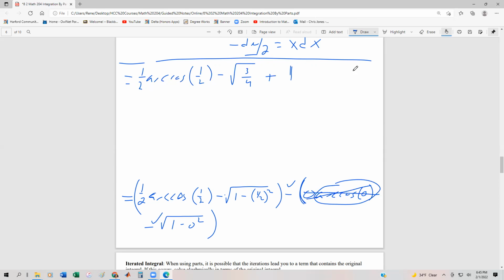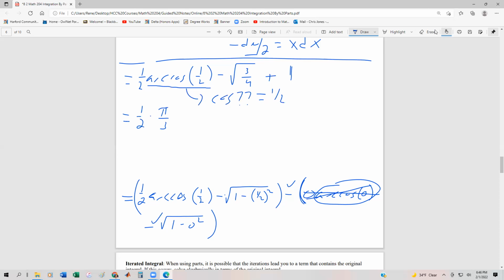Last thing we have to do, we have to evaluate this arc cos of 1/2. And just in case you've forgotten, this means the cos of what angle is equal to 1/2. It's actually going to be pi-thirds. So this is actually going to turn into 1/2 times pi-thirds.